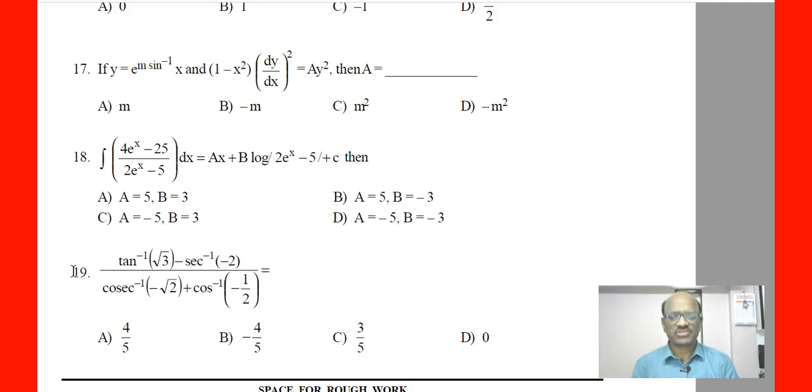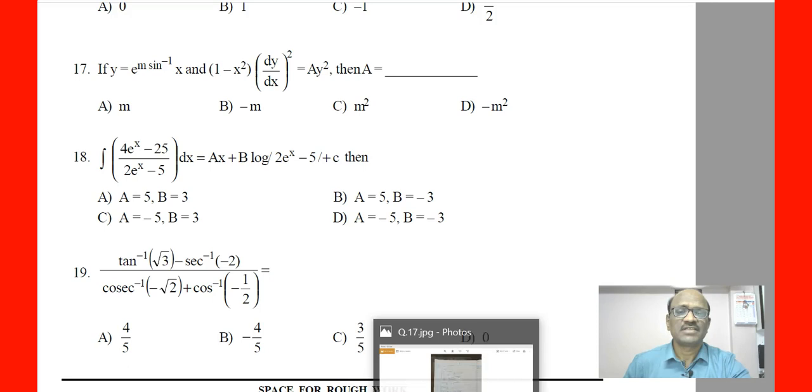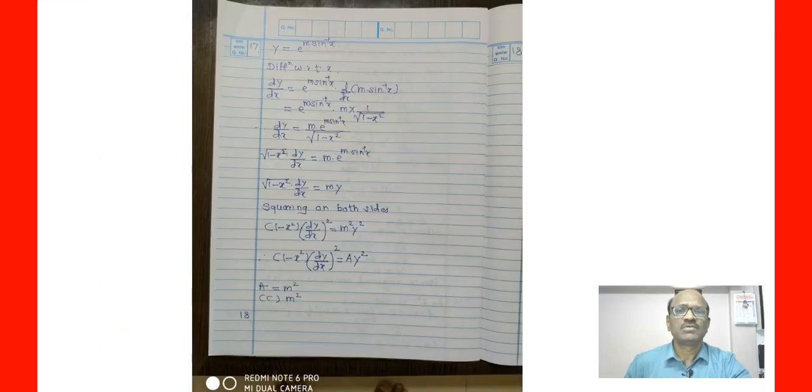The numerator equals a into the denominator plus b into the derivative of the denominator. Find out the values of a and b, then you will get the answer. But always one thing: after the differentiation, you will always get one term with x here. Now let us see how to solve this, it requires time also.